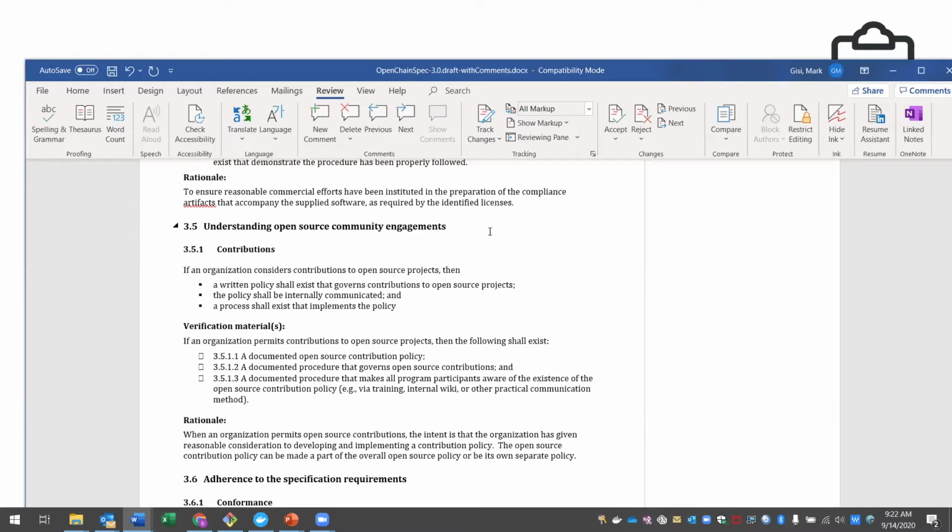And one of the other real drivers for this section, if I recall, was we were getting some feedback from some foundations when we were socializing the spec, and they felt that we should have some element in the spec that would help make sure companies become more disciplined when they're contributing and to encourage contributions.